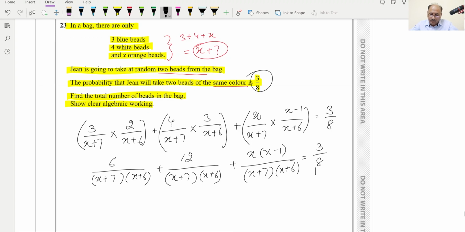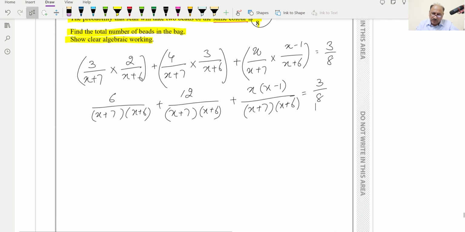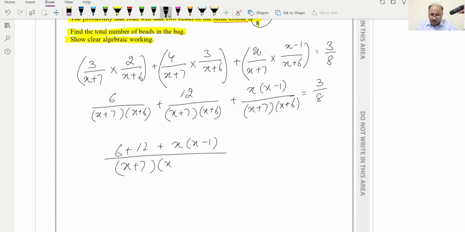Now because denominators are all equal, we can write under one denominator. So 6 plus 12 plus x into x minus 1 over x plus 7 into x plus 6 is equal to 3 over 8.